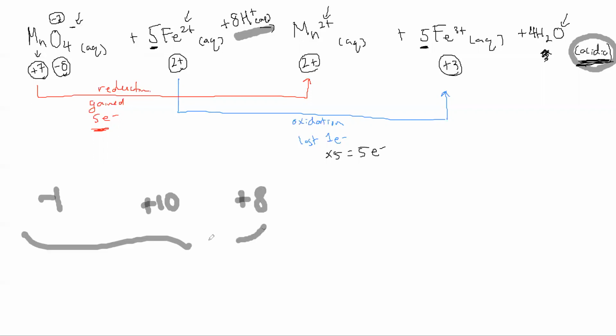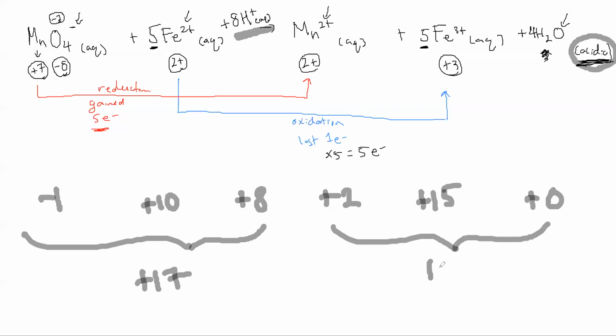So total, the overall charge is +17. We have +2 from the manganese, +15 from the iron, and nothing from the water. Together, that is a charge of 17. So the charges balance out. 1 manganese, 1 manganese, 5 iron, 5 iron, 8 hydrogen, 8 hydrogen, 4 oxygen, 4 oxygen. The atoms balance out as well.